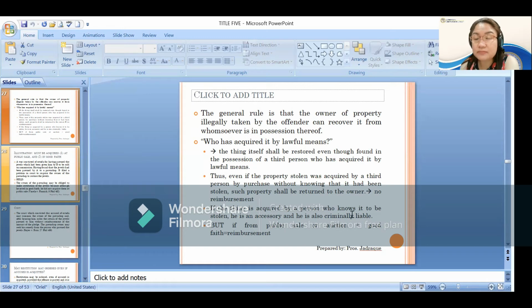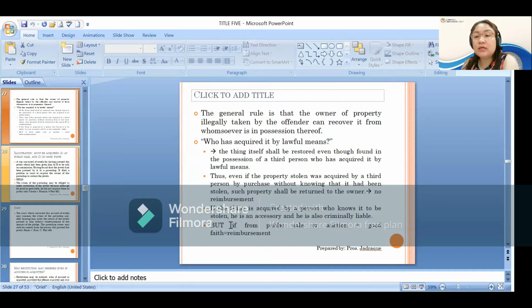He could also be made liable under PD 1612 or the anti-fencing law, and if he is charged under that special law, he is not charged as an accessory but as a principal of PD 1612. Under what circumstance? If he knows that the thing he is buying is a subject of thievery or robbery. So we can take it back from his possession without reimbursement.